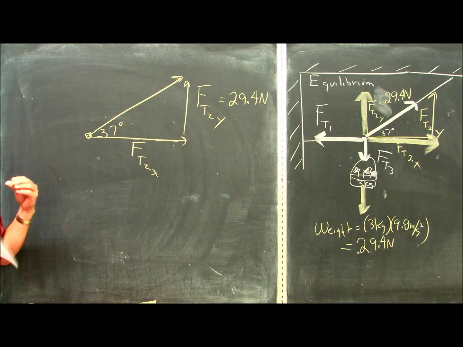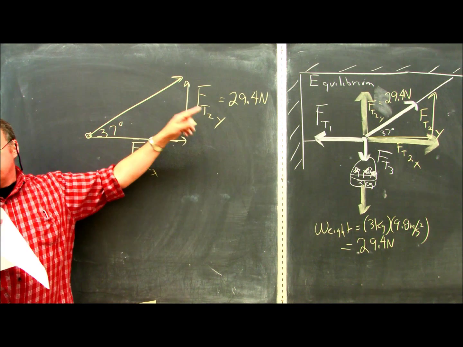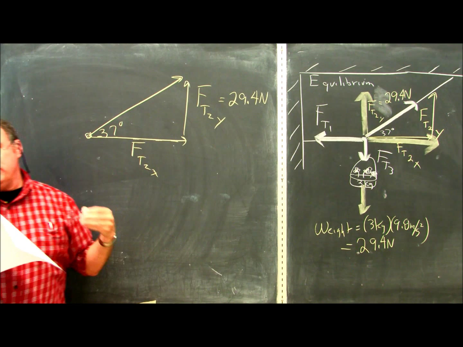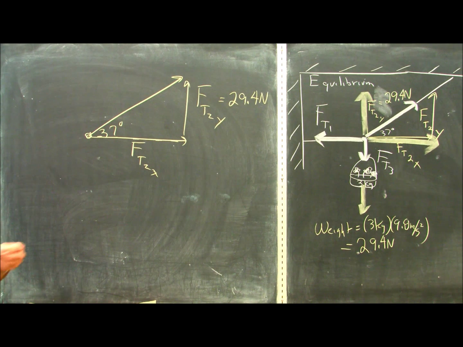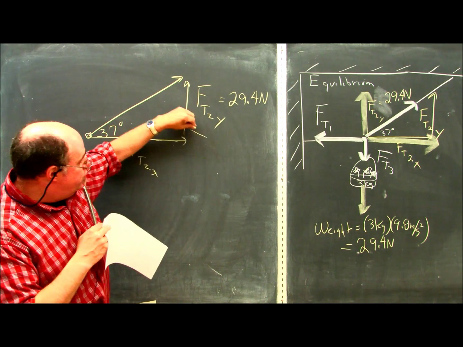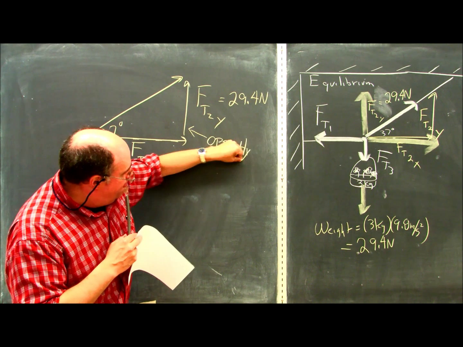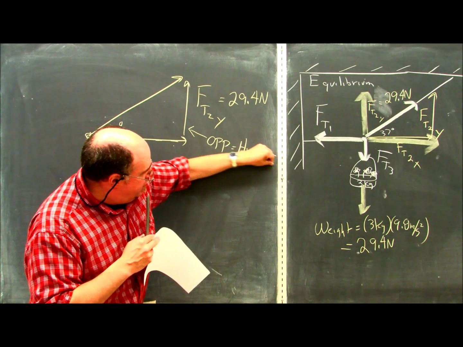So you see, what I have is a triangle, and I have the angle, and I have the opposite leg. So if you know that, there's a formula using sine and cosine and tangent where we can find some of the other pieces. The way I do it is I usually define the opposite leg as being the hypotenuse times the sine of the angle.